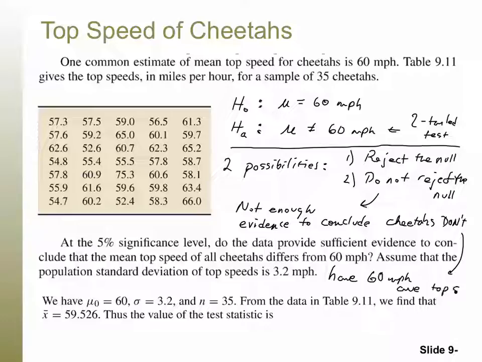That's what not rejecting means. There's not enough evidence to conclude that cheetahs don't have a 60 miles per hour average top speed. They very well could have an average top speed of 60 miles per hour according to the evidence.